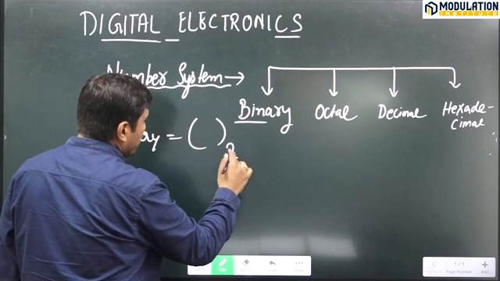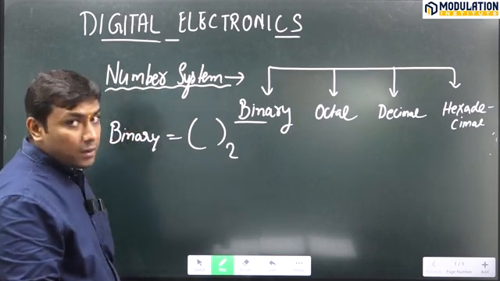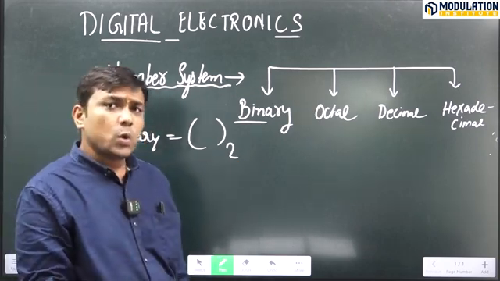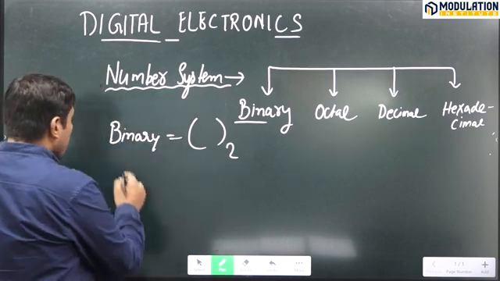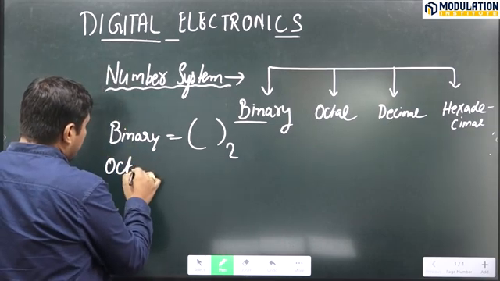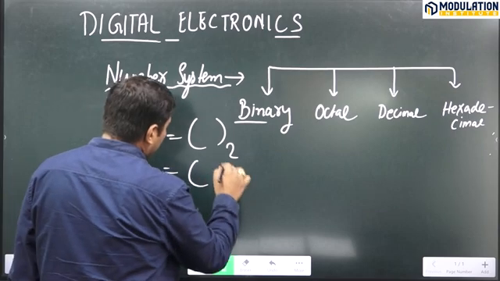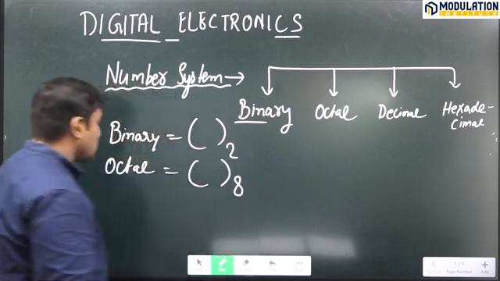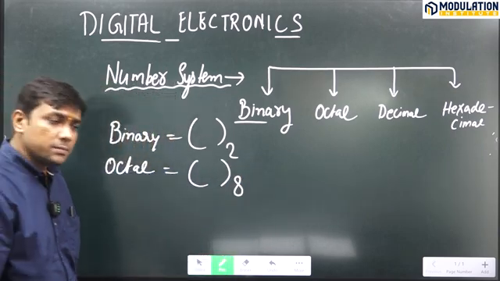Any number system whose base is 8 is called the octal number system.